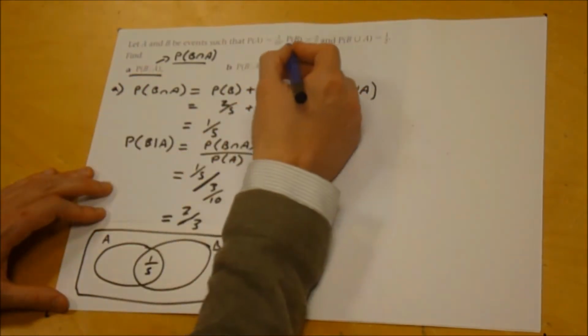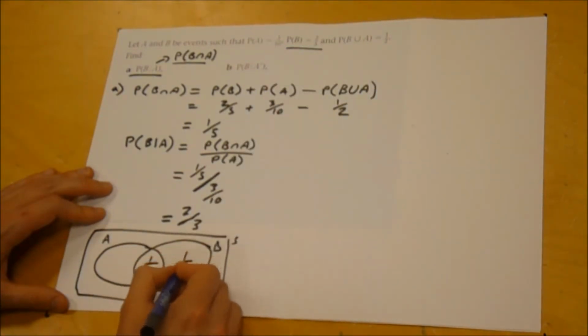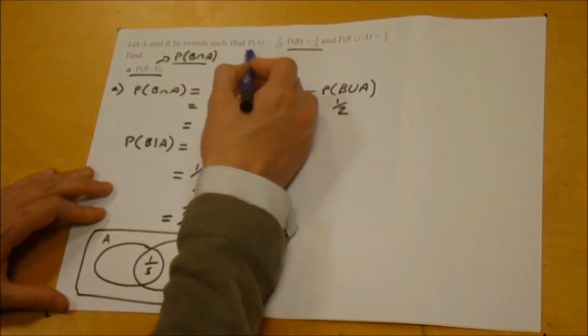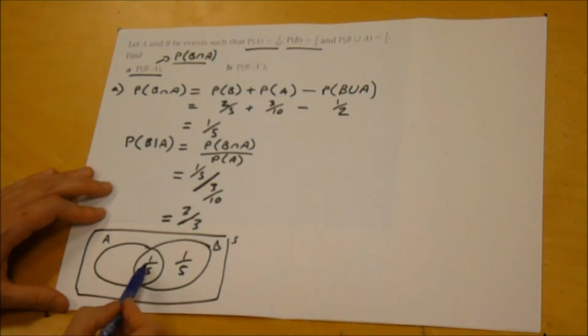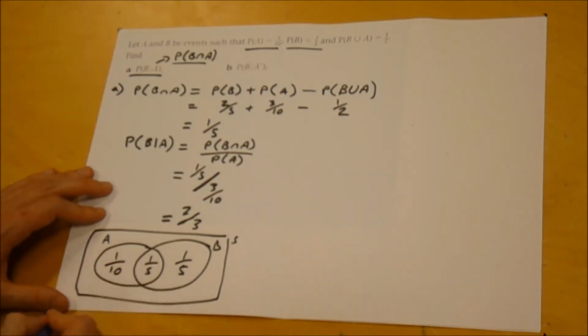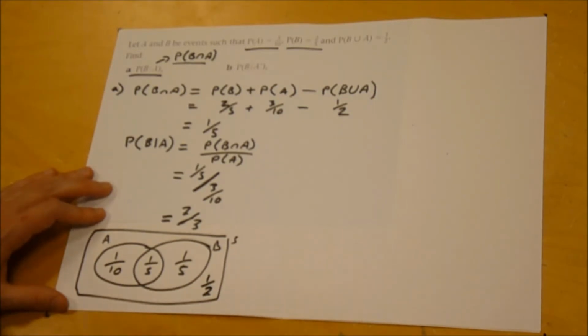I know the probability of B is 2/5, so 2/5 take away the fifth already there leaves me a fifth over here. I know the probability of A is 3/10. 3/10 take away the fifth that's already there, well that's the same as 2/10, so 3/10 take 2/10 leaves me 1/10. If I was to add all that up, that's 2/10 plus 2/10 plus 1/10, that's 5/10 or 1/2. So that leaves me 1/2 outside.